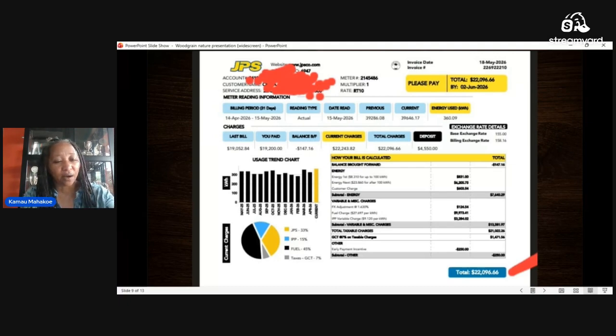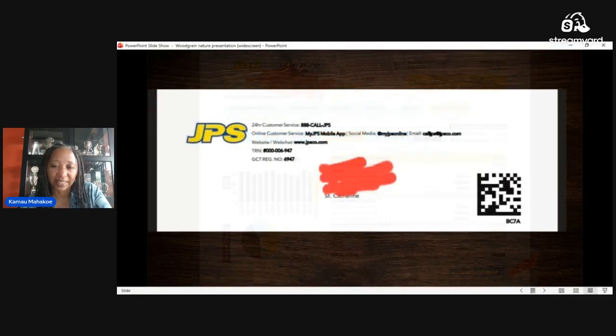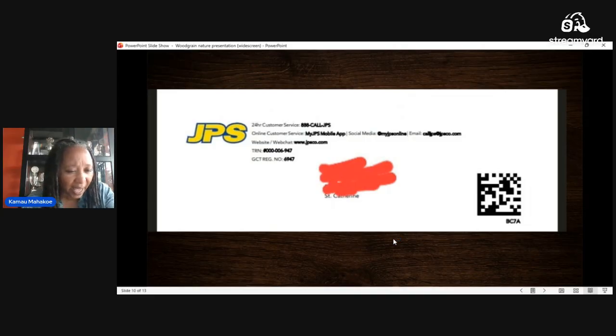Now, JPS also, if you can see, on the bottom part of the bill, they have how you can contact them. There's a toll-free number called JPS. If there are any queries about your bill, any queries at all, you could also go into the JPS office in your local area.